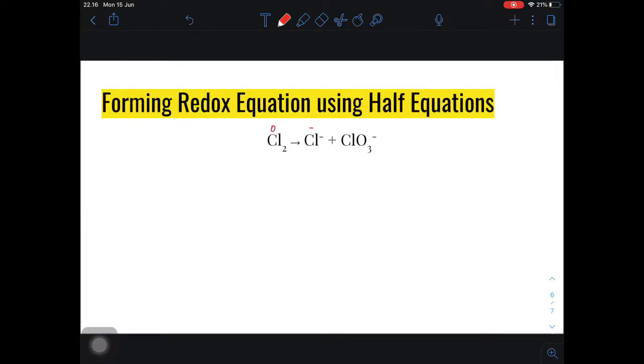Assign the oxidation number and the oxidation state. -2, and this Cl is +5. So the Cl changes from 0 to -1, which is a reduction, and it changes from 0 to +5, which is an oxidation.